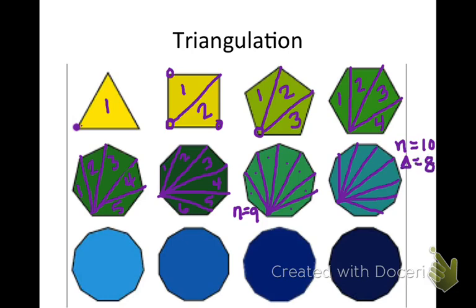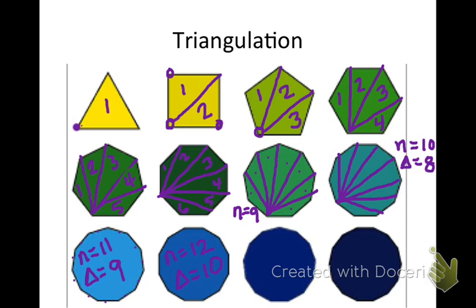If you count the sides of the next one, you have 1, 2, 3, 4, 5, 6, 7, 8, 9, 10, 11. n is equal to 11, and the number of triangles is equal to 9. The dodecagon has 12 sides, and 10 triangles formed.